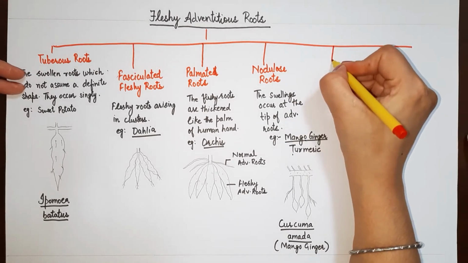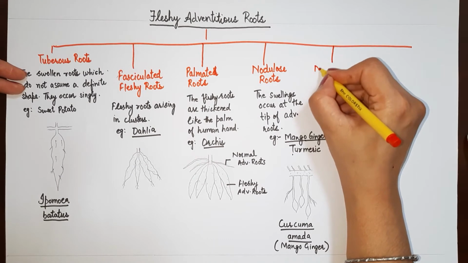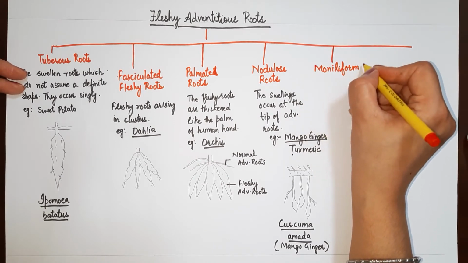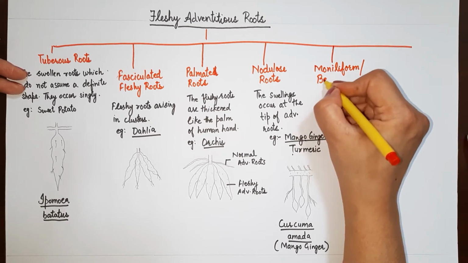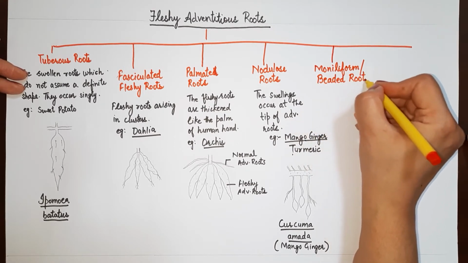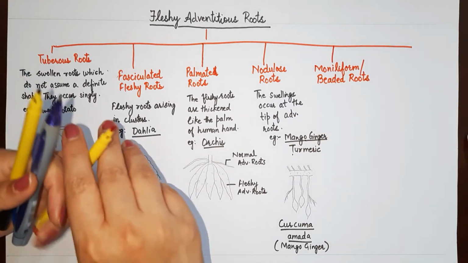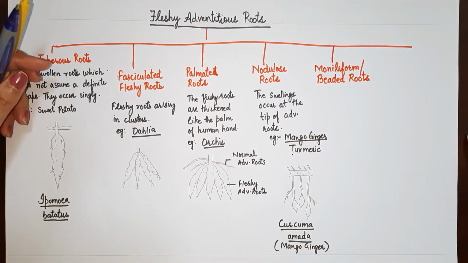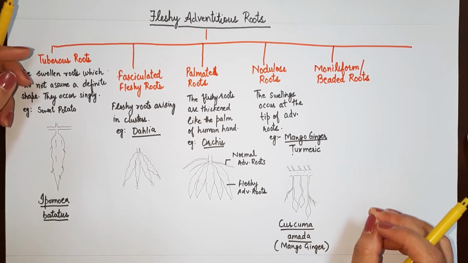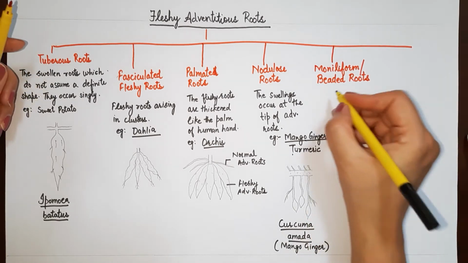The fifth category is moniliform or beaded roots. Okay, as the second name suggests, beaded name, you will observe the structure in which bead-like swellings are present at different intervals on the same branch.